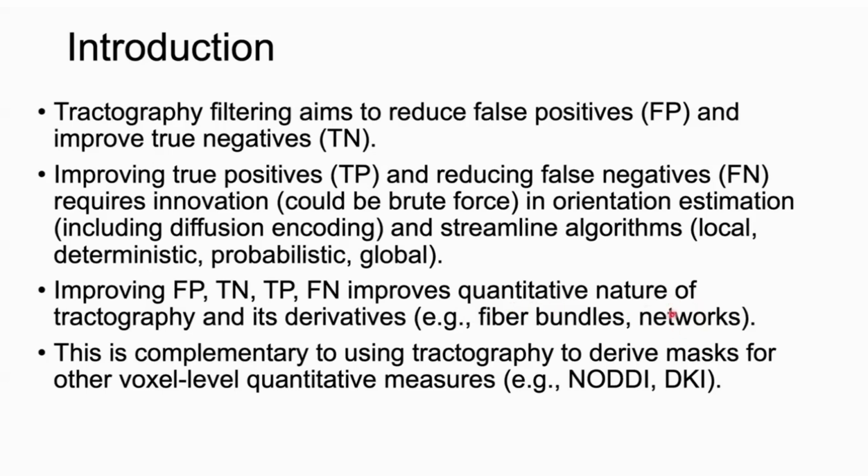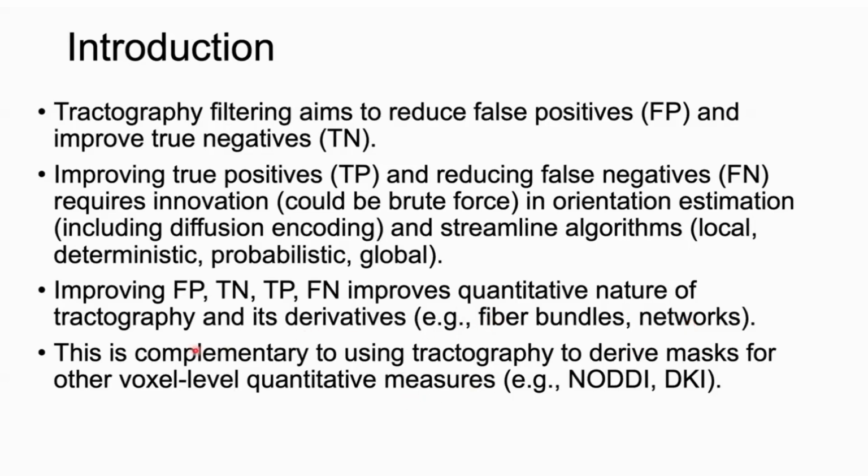And also, with Jeff and I's work, reconstructing structural connectivities between pairwise regions. You have to get all sorts of tractography connections between different nodes, cortical and subcortical regions. So improving these four measures is towards making that quantitative.